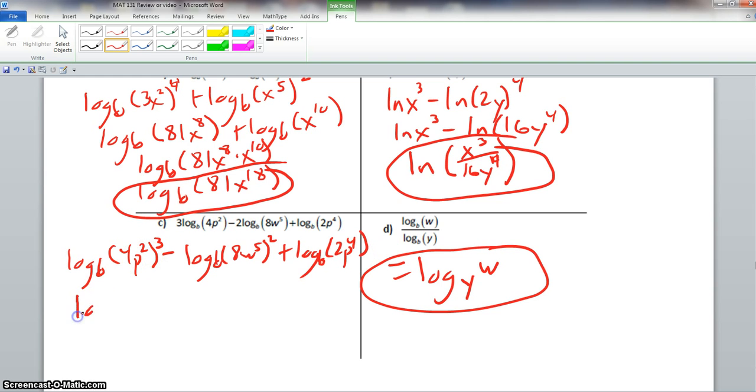So this will end up being log base B of 64p to the 6th minus log base B of 64w to the 10th minus log base B of 2p to the fourth.